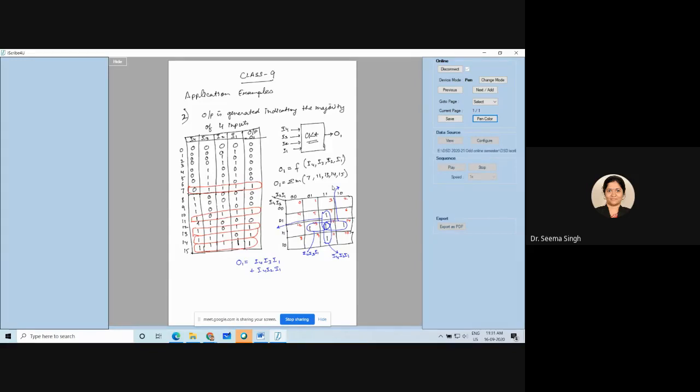For this one only I4 is changing. So I4 will be dropped, the rest 3 will be there. I3, I2, I1. For this one only I1 is changing. Can you see? For the 14, 15 group only I1 is changing. So the rest will all be dropped.